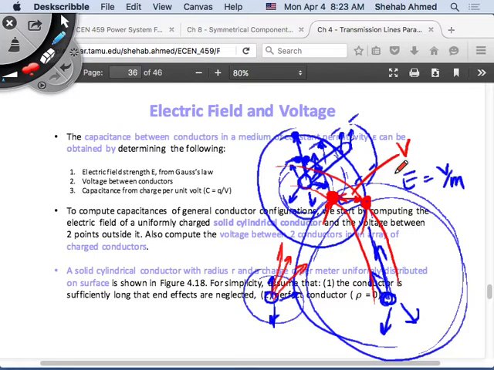I'm not sure what you mean. There's 2 line-to-line capacitors and a line-to-ground capacitor. That's what I'm asking. But our equivalent circuit for the transmission line only considers this one, but it's composed of 3 different capacitors.